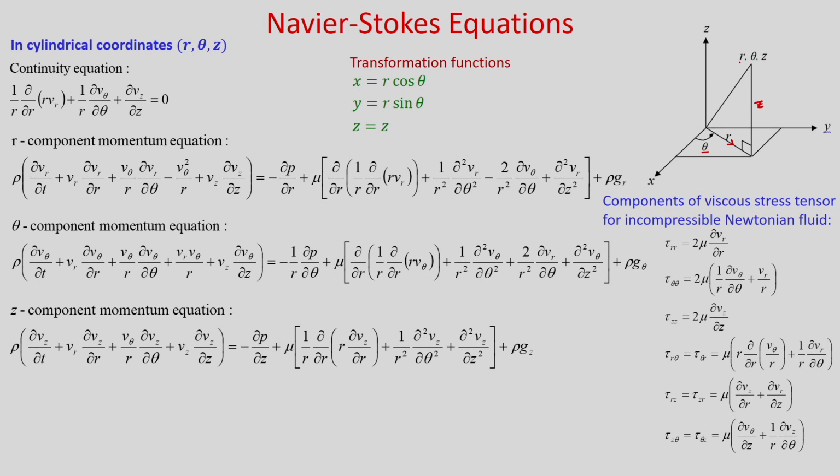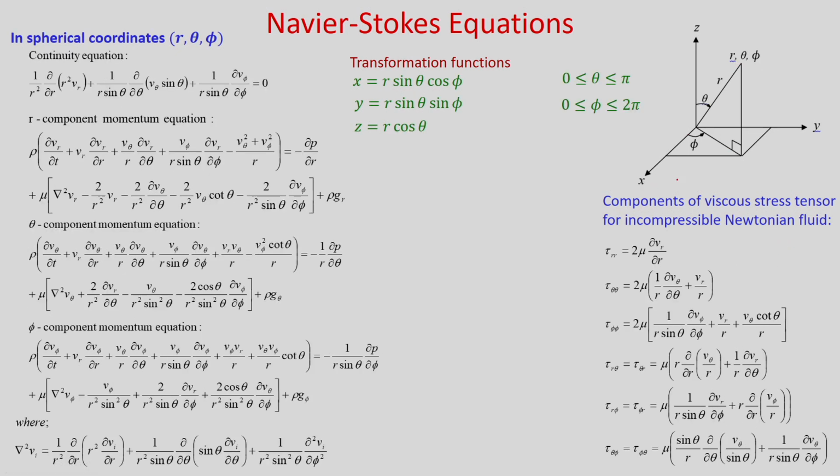Then for r theta z coordinate in cylindrical coordinate, if you use the transformation function as x equal to r cos theta, y is equal to r sin theta and z is equal to z, then you can write the continuity equation as this, r component of momentum equation as this, theta component of momentum equation as this, and z component of momentum equation as this, and corresponding viscous stress tensor will be this.